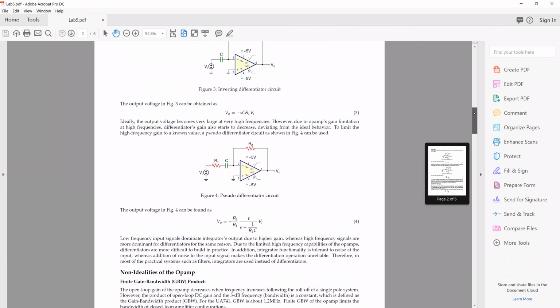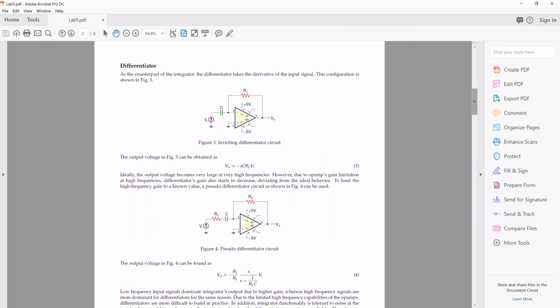a differentiator. So the differentiator also uses an inverting configuration. Instead of a resistor in lab 3, we have a capacitor here, and we get this transfer function. Again, in Laplace transform, if you multiply some function with S, and then take the inverse Laplace to get the time domain, we're basically asking you to differentiate that function in the time domain, correct?